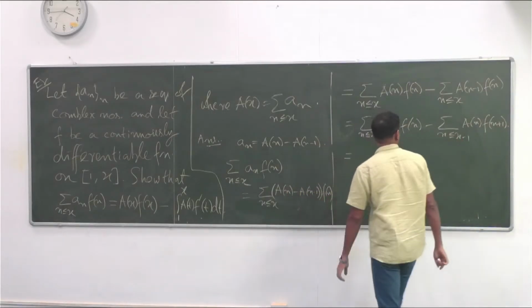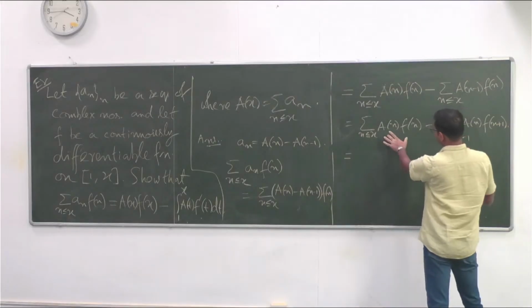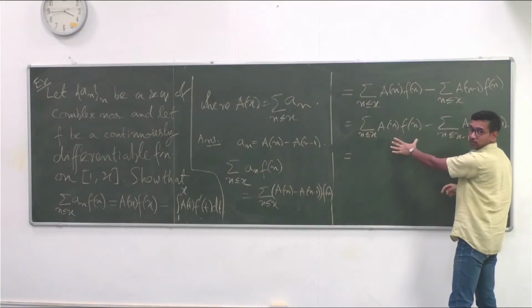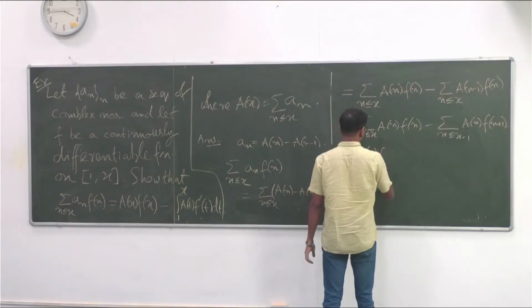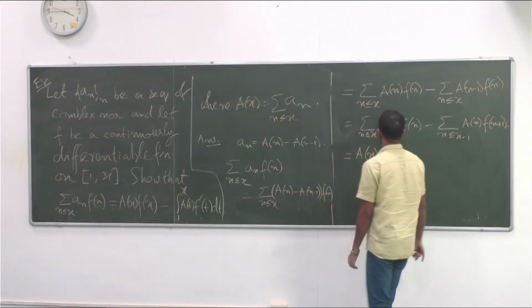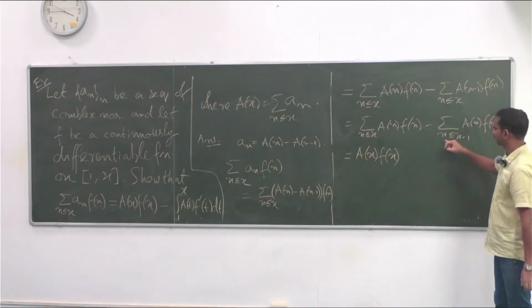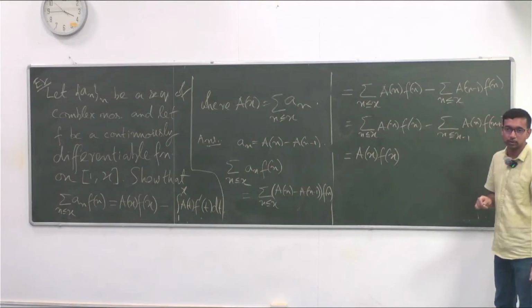So that means if we take out the first term, that is a(x) f(x) from here, then both of the sums are over the n's which are less than or equal to x minus 1.